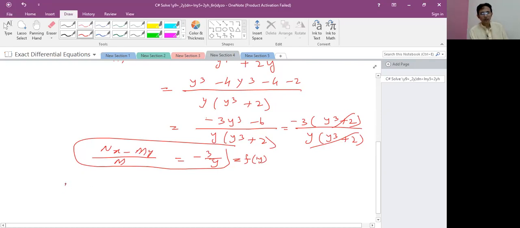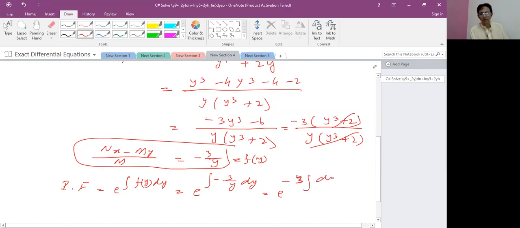So the integrating factor is exponential of the integral of f of y into dy, which is equal to exponential of the integral of minus 3 upon y into dy, which is equal to exponential of minus 3 outside the integral.